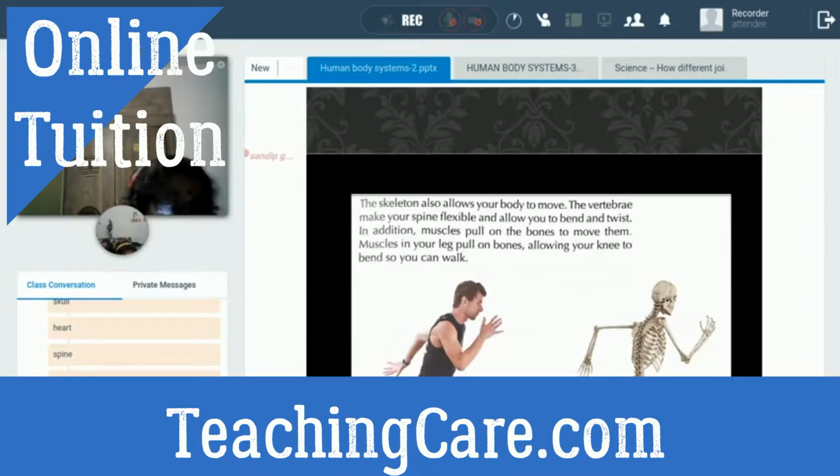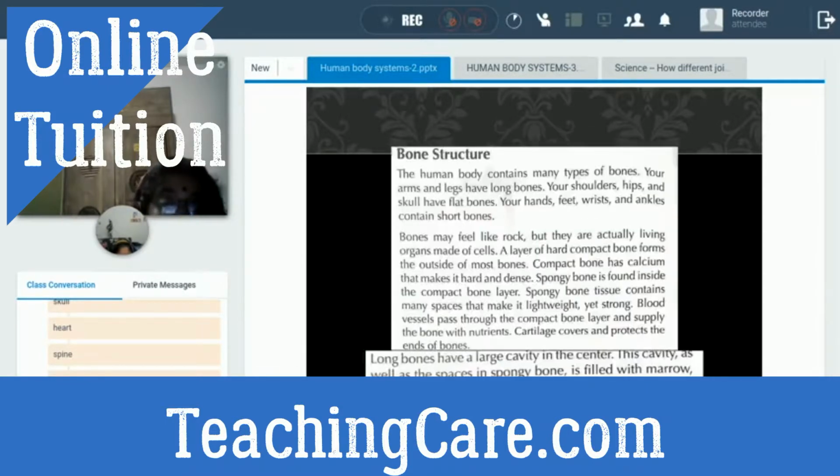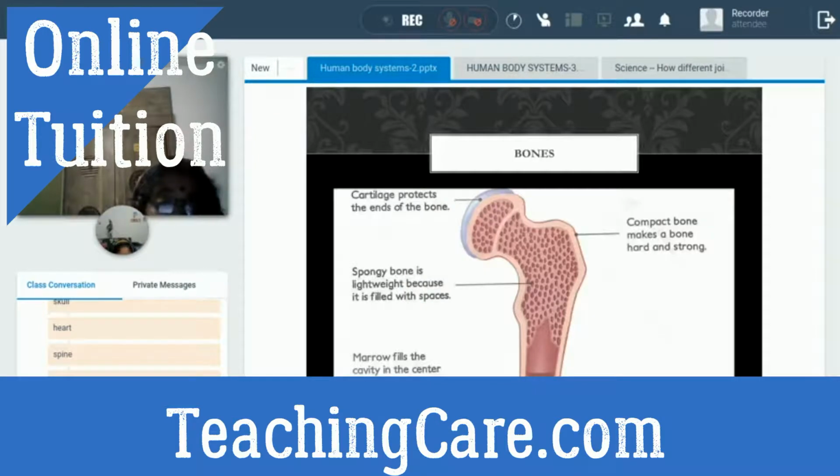Okay. Where are we? Dash protects the end of the bone. It is here on this page. Cartilage. Cartilage protects the ends of the bone. Now you know how to draw cartilage.